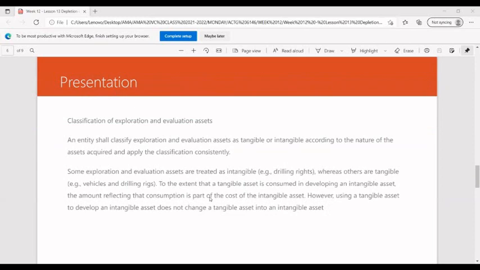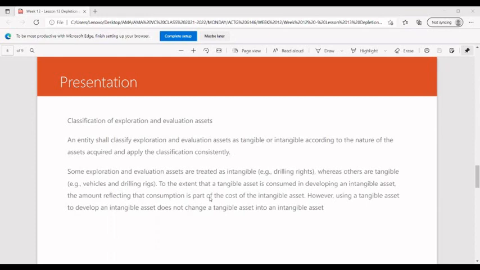The presentation or classification of exploration and evaluation assets: an entity shall classify exploration and evaluation assets as tangible or intangible according to the nature of the assets acquired and apply the classification consistently. Some exploration and evaluation assets are treated as intangible, like drilling rights, whereas others are tangible, like vehicles and drilling rigs.